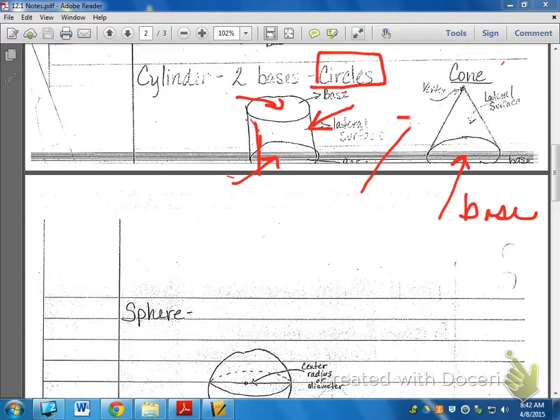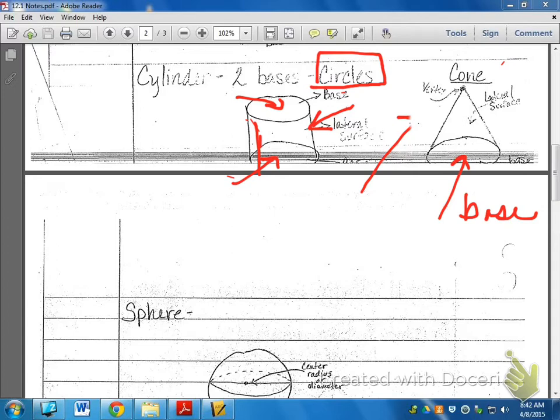The base always has to be a circle. Now, a cone can have a vertex, but cylinders and cones don't really have faces, well, I guess they do have some faces. The bases would be considered faces, but you wouldn't name them like triangles or rectangles or anything like that.